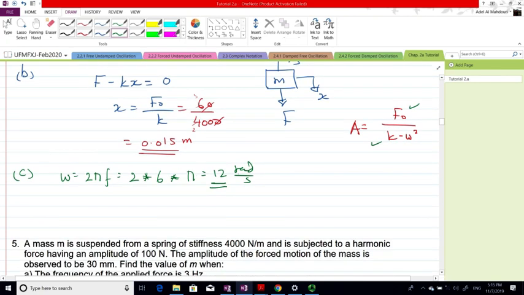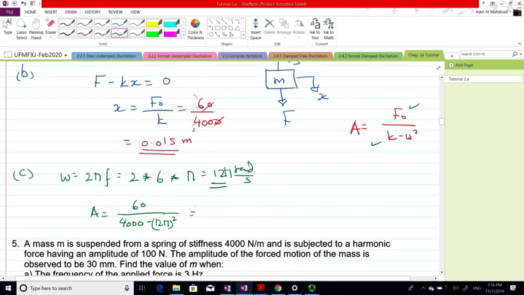All right. Now we plug omega into this equation, then the maximum amplitude will be given. Now A will be F naught, 60, divided by 4,000 minus (12π) squared.